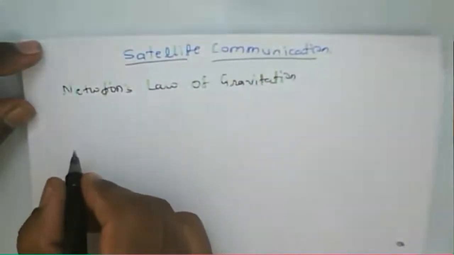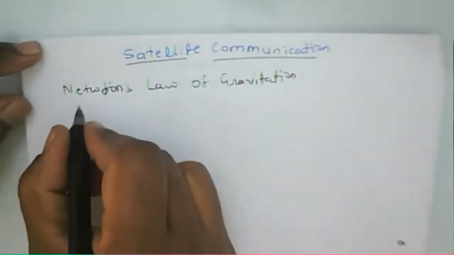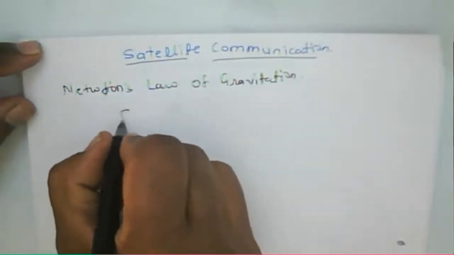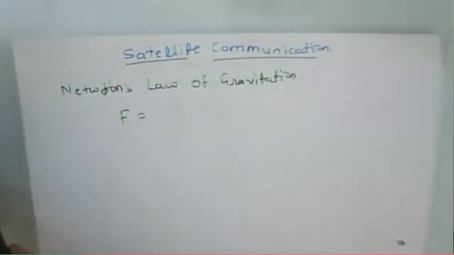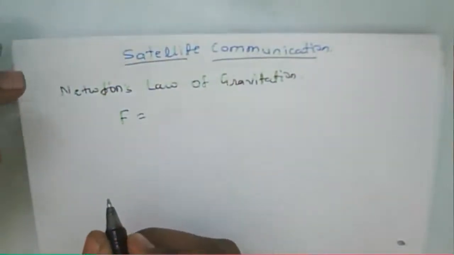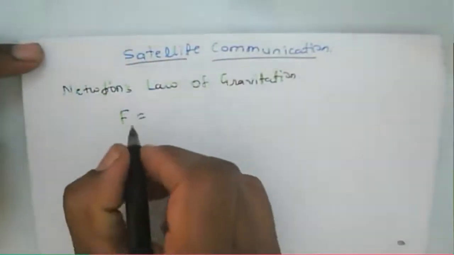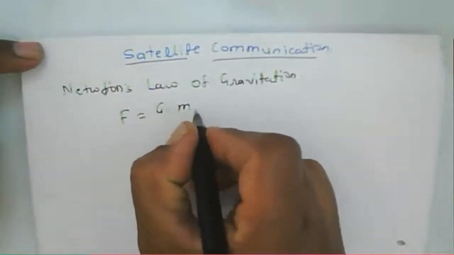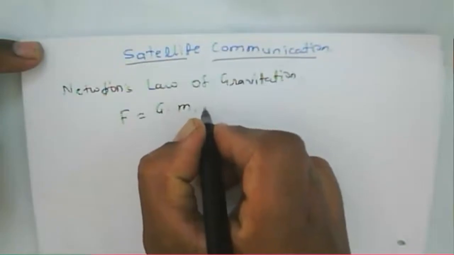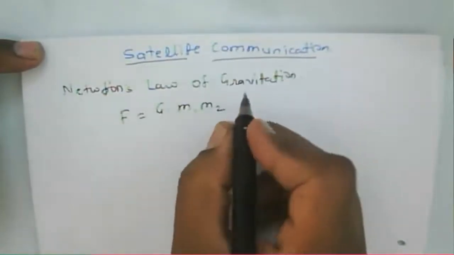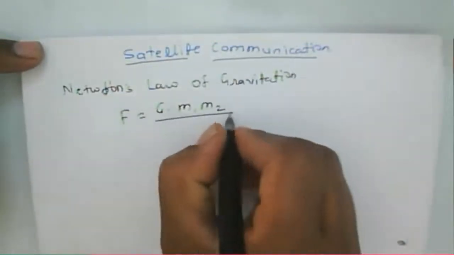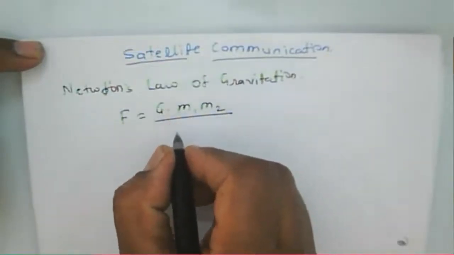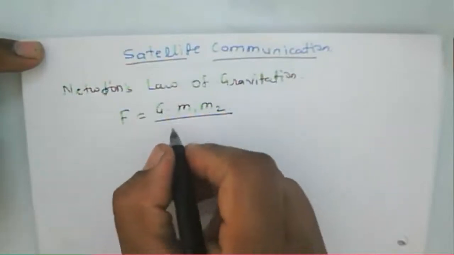In the case of Newton's law of gravitation, we say that the force of attraction between the two bodies is directly proportional to the product of their masses. Here G is the gravitational constant, and m1 and m2 are the two bodies. The force is directly proportional to the mass and inversely proportional to the square of the distance between them.